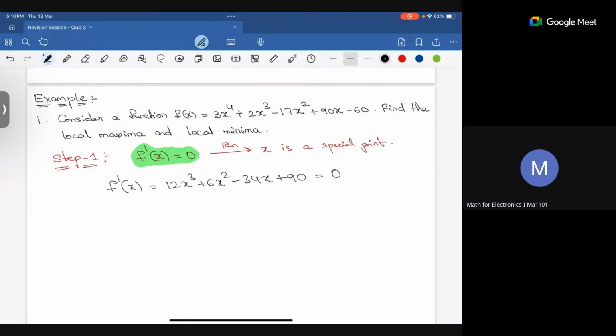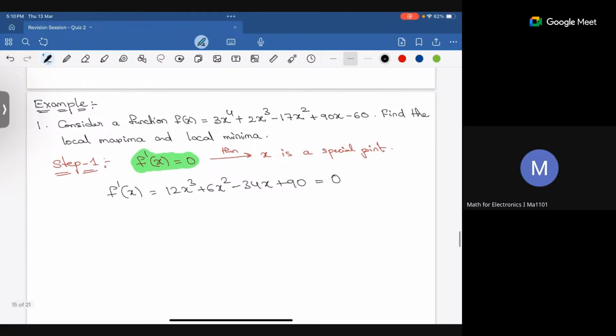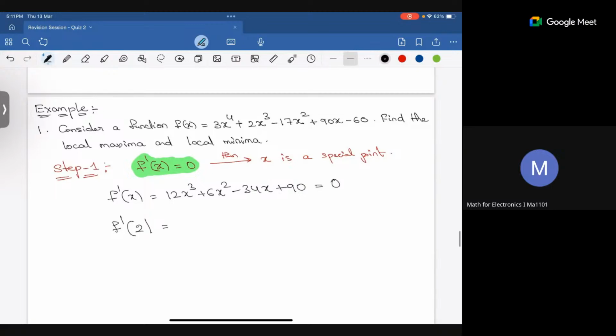What is happening here? F prime of 0 will never be 0. If you check f prime of -1, will it give 0? No. F prime of 1 will not give 0. Will f prime of 2 give me 0?